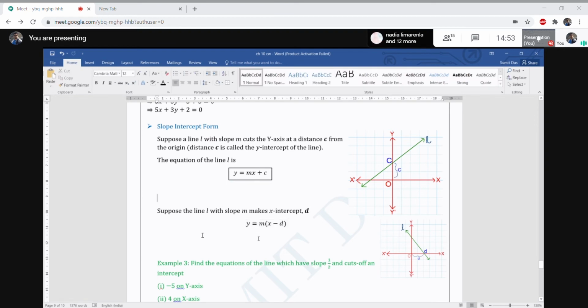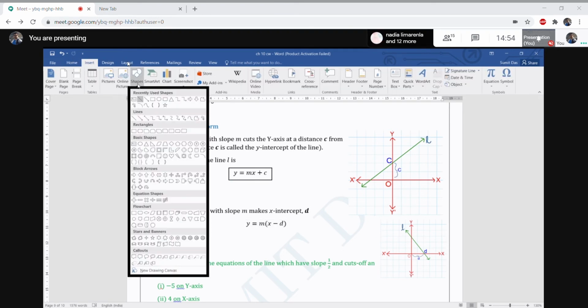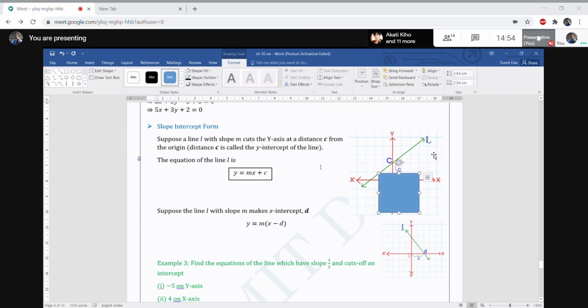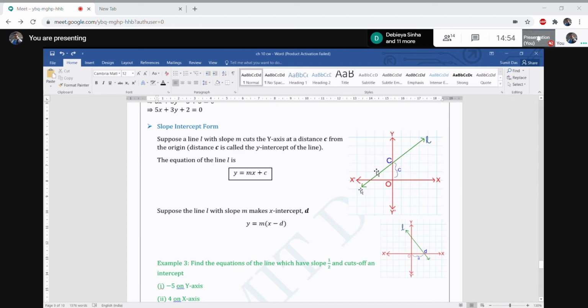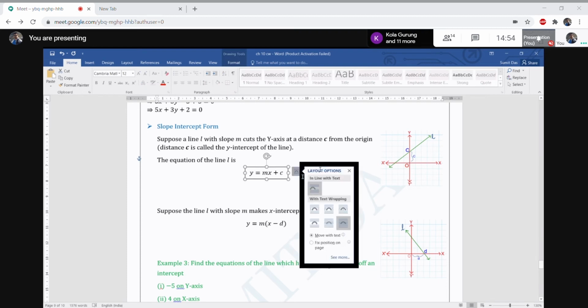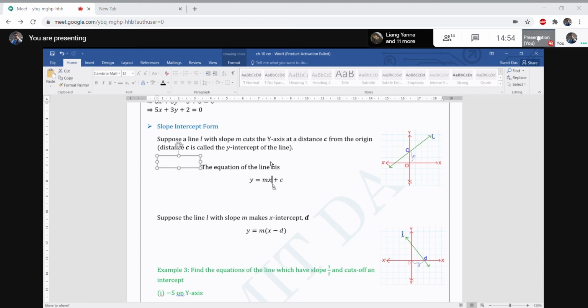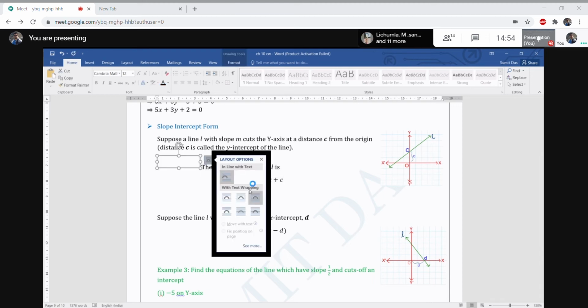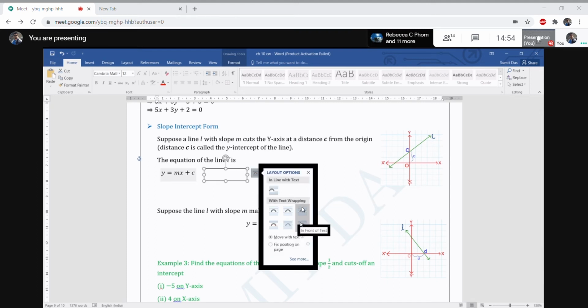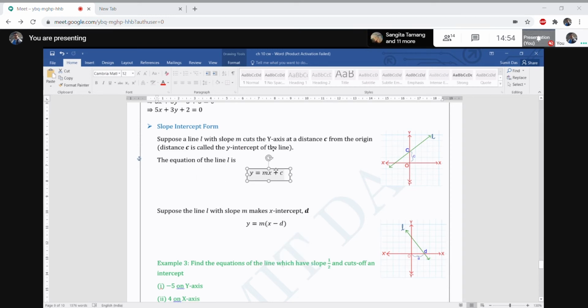Then suppose the line makes an x-intercept d.